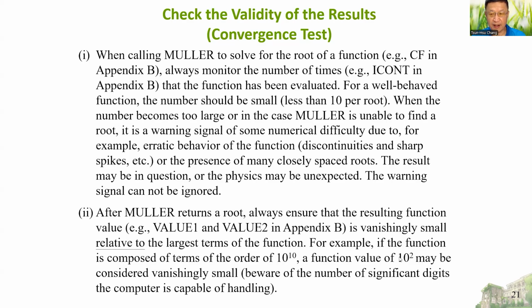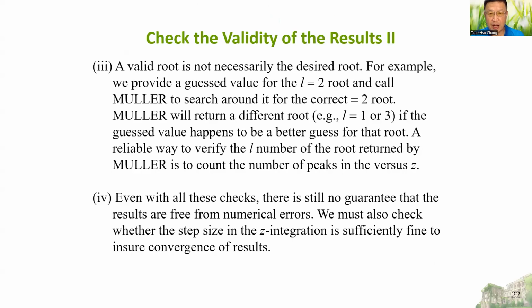For example, if the function is composed of terms of the order of 10 to the power of 10, a function value of 10 squared may be considered vanishingly small. Check the convergence.